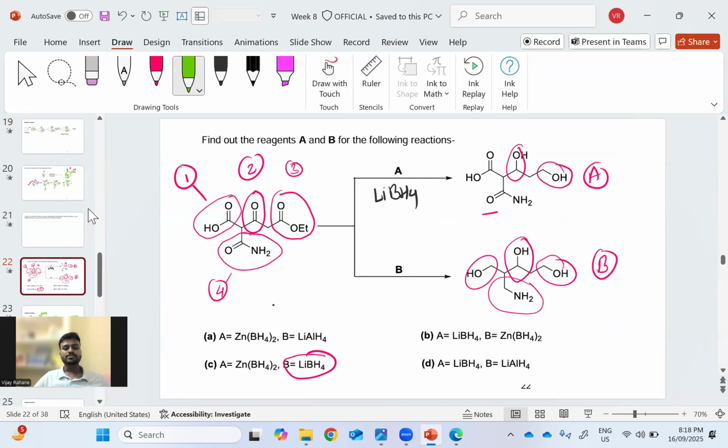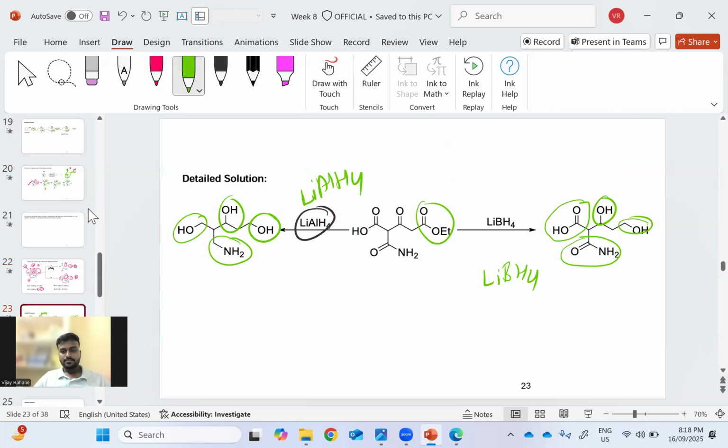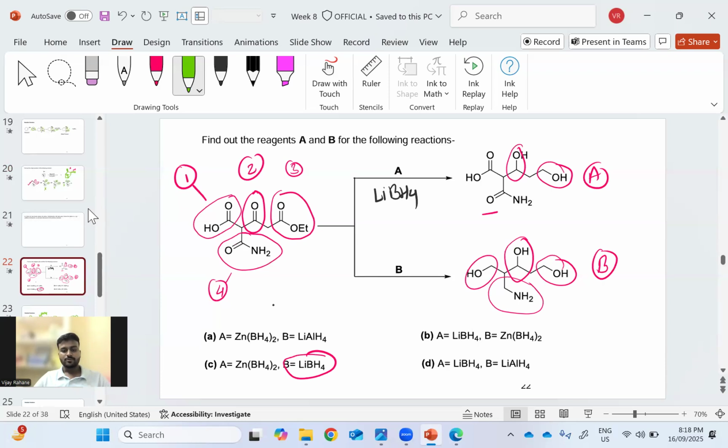Here we have seen four functional groups on the same molecule, and the reducing reagent combination to form such A and B products that we have studied here.